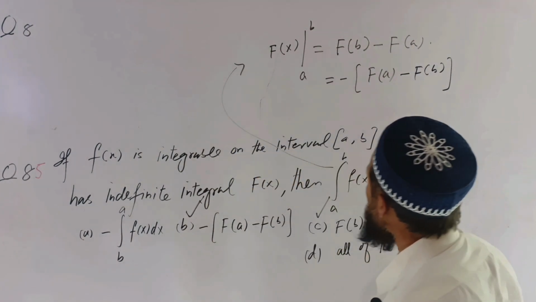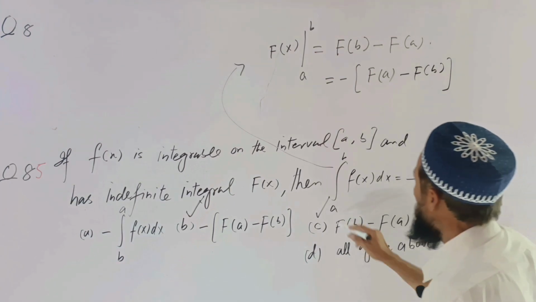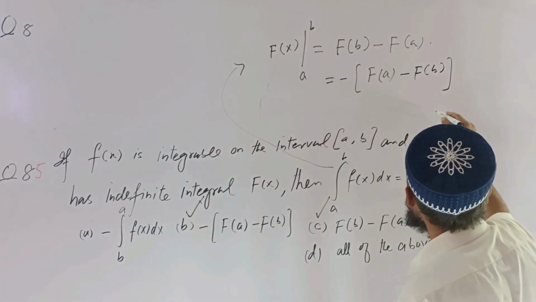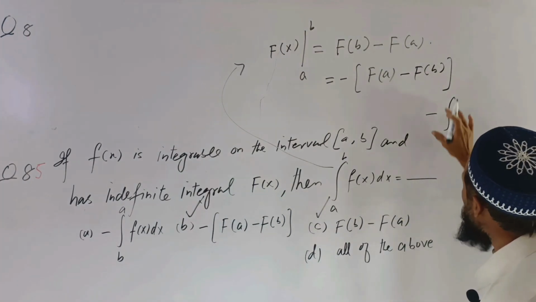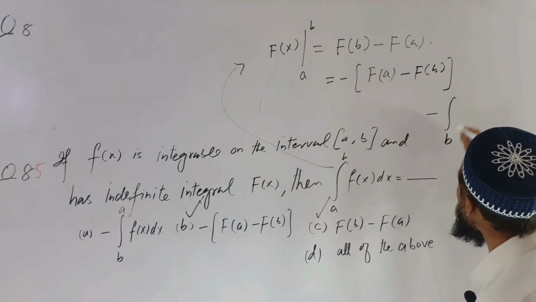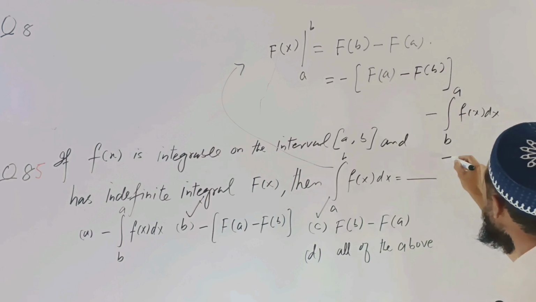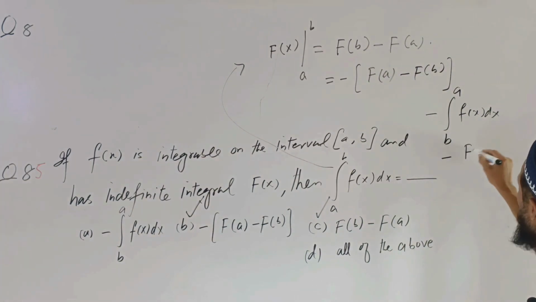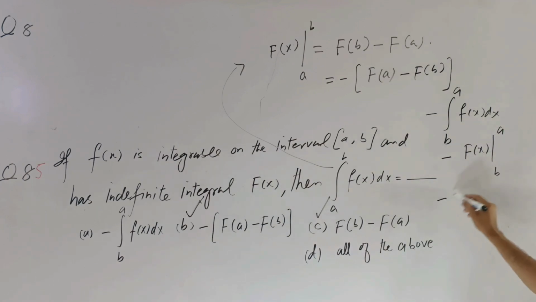If we change the limits of this function, we put b and a on f of x. If we change the sign, we get the same answer. Minus is common; first of all we put f of a minus f of b.